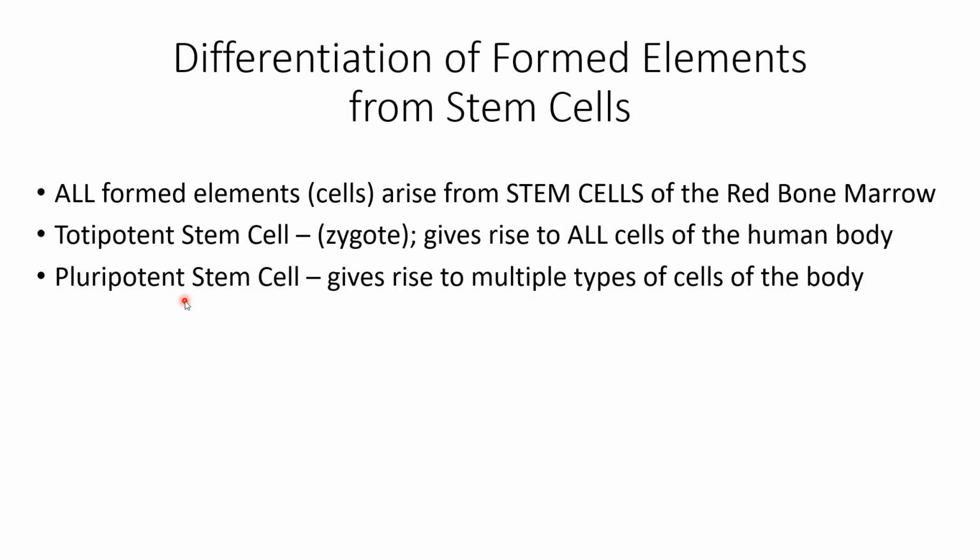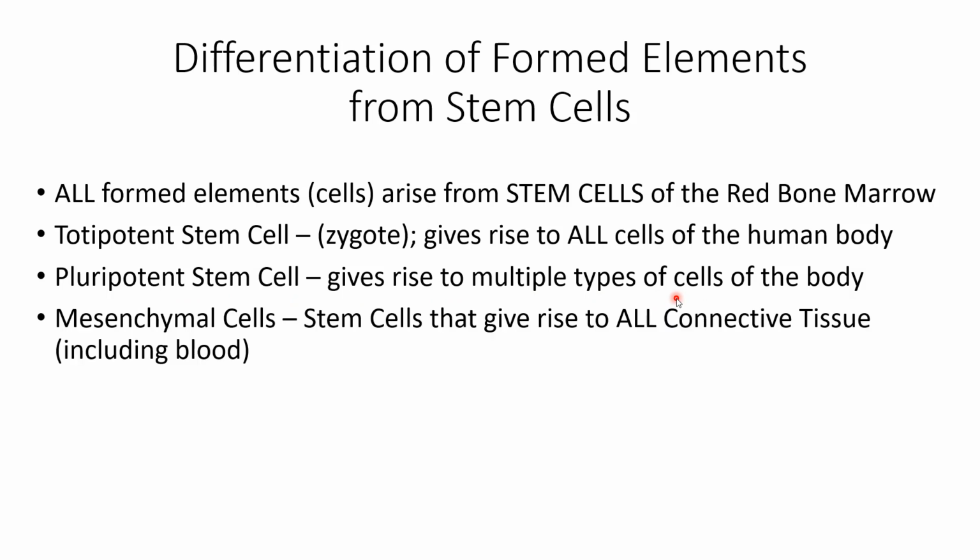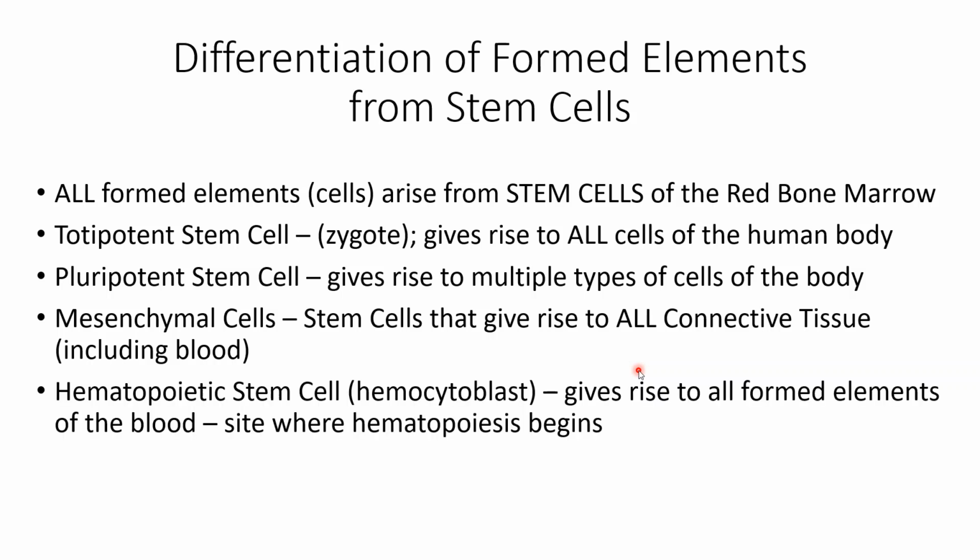So you have a pluripotent stem cell, which gives rise to multiple types of cells, not every possible cell. And then you have mesenchyme cells. These stem cells only give rise to connective tissue. For example, blood. We talked about this previously. So remember those mesenchyme cells. So if you're going to get blood, you're going to have to go back to a mesenchyme cell to get it.